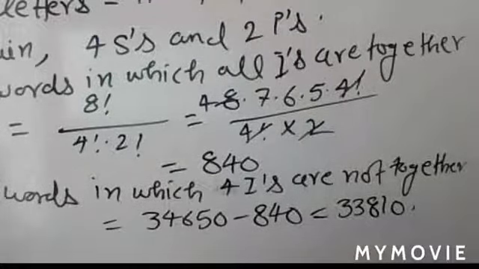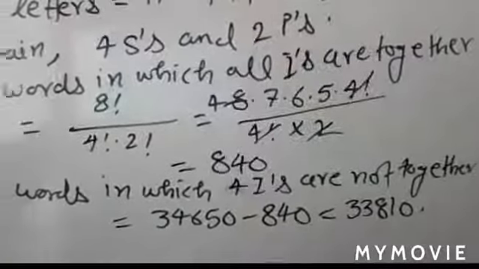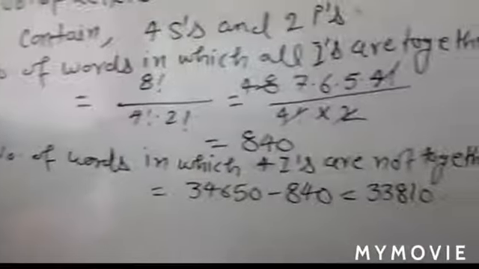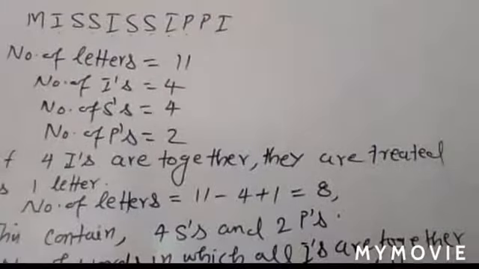If you are trying to obtain the possible number of words, you have to check the letters given in that word very carefully. It is not that you look at it quickly, see there are 11 letters, and immediately write the answer as factorial 11 and say that is your final answer.